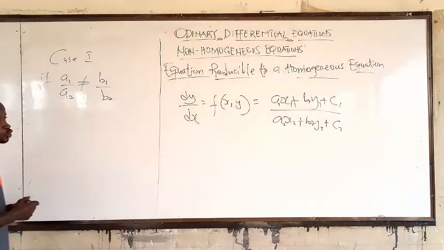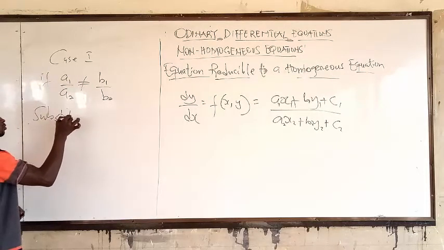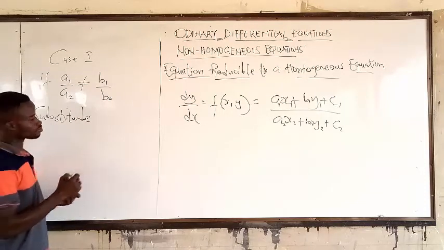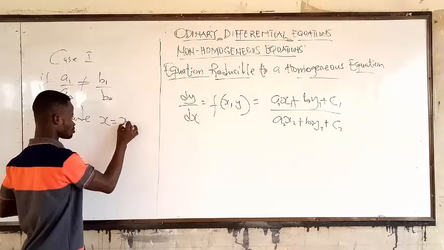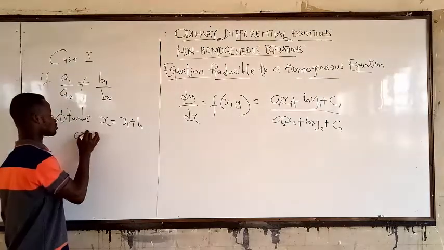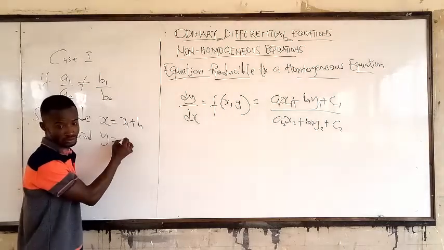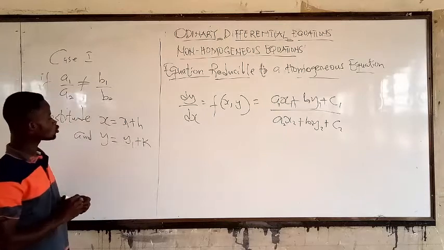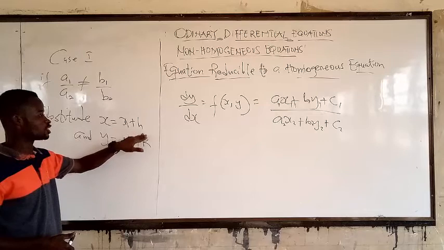The first thing we will do is substitute x to be equal to x1 plus h and y to be equal to y1 plus k. So wherever you see x, you put x1 plus h.